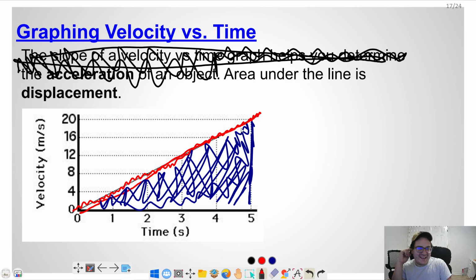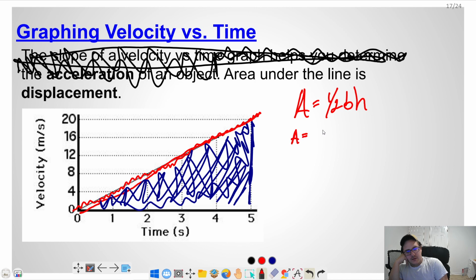But why? Well, let's look at this. The area of this shape right here is a triangle, which is 1/2 base times height. Well, area equals 1/2. What is the unit of my base here? And that's time.